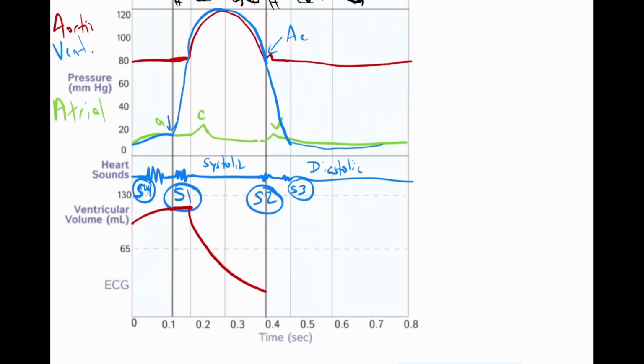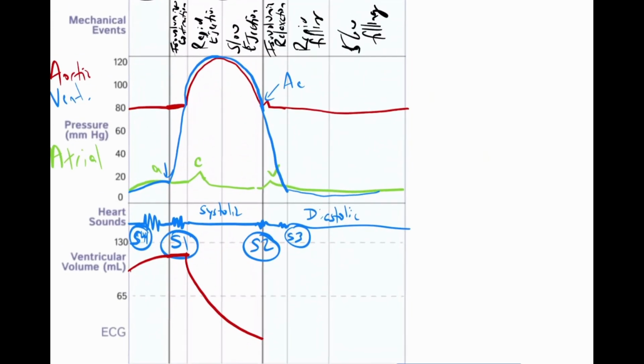Why this line? Because we learned up top, at that point, the volume has dropped in the ventricle, the pressure has dropped in the ventricle, and once the pressure is lower than the aortic valve pressure, the valve closes, and there's going to be no more movement, because what phase are we going to be in?